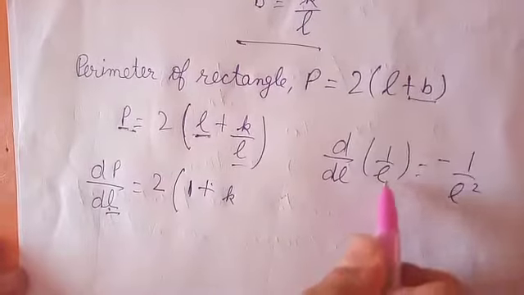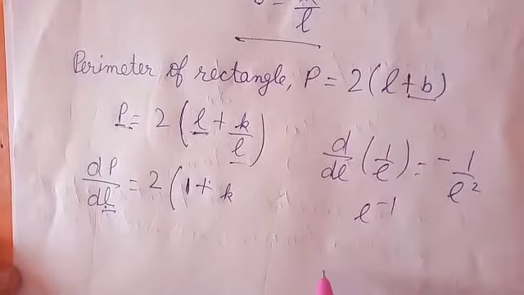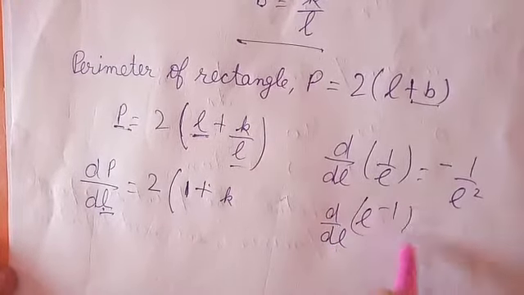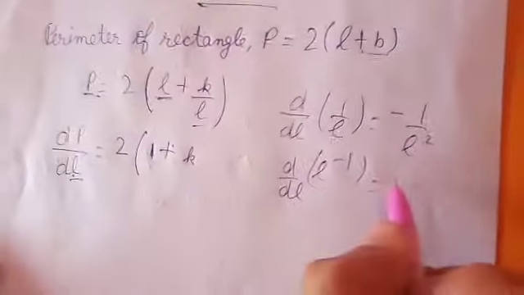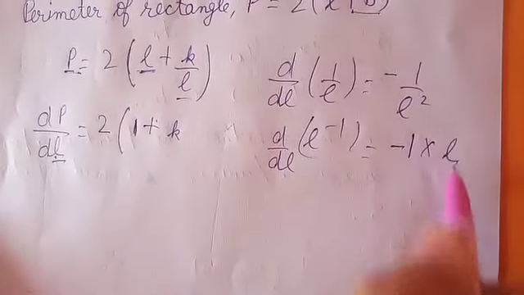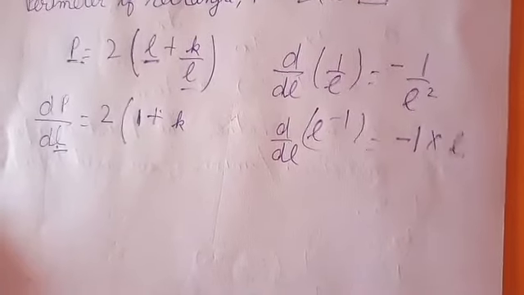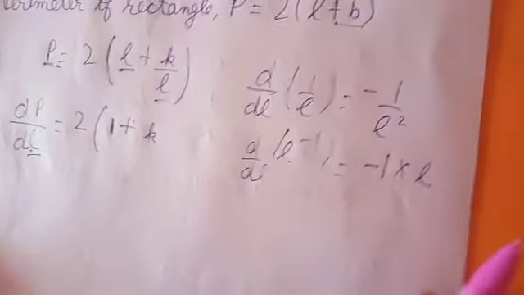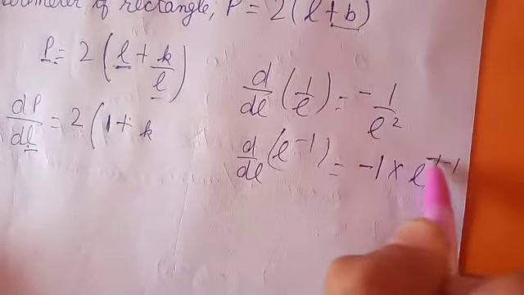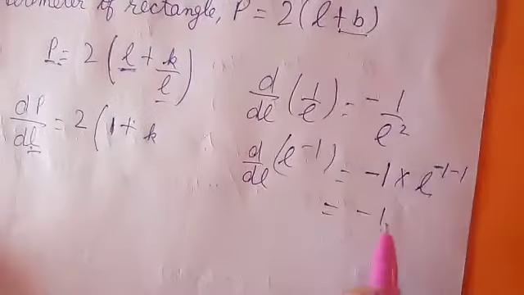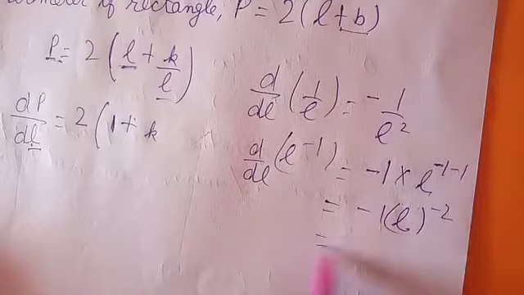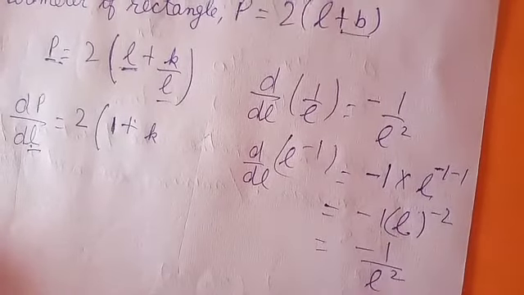Why this? Because 1 by L I can write as L raised to power minus 1, and when we are differentiating it, first of all the power comes in front, power is minus 1 into L, and the power is reduced by 1, that becomes L raised to power minus 1 minus 1, so that is minus 1 L raised to power minus 2, so I can write this as minus 1 by L square.